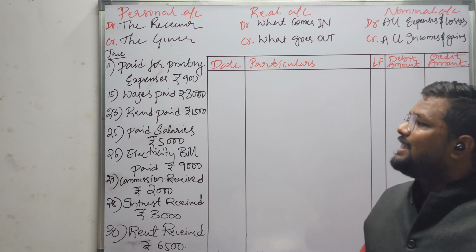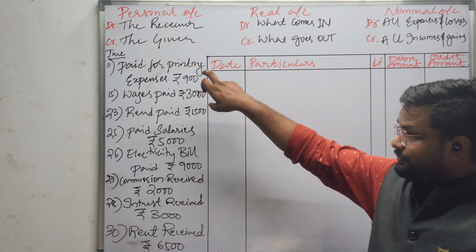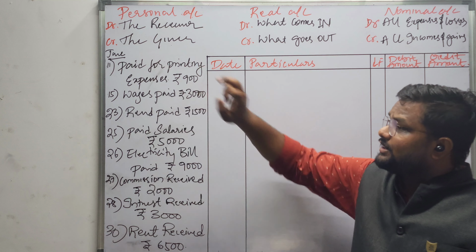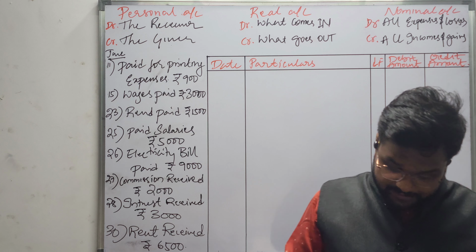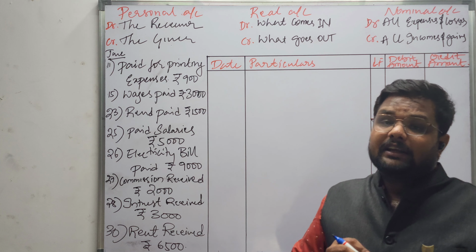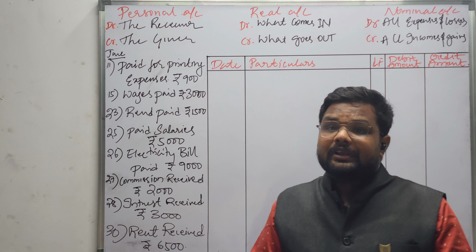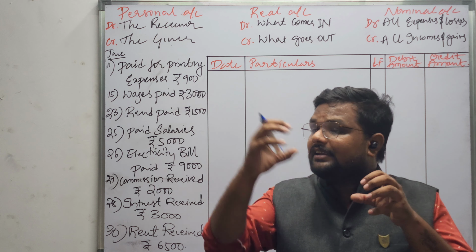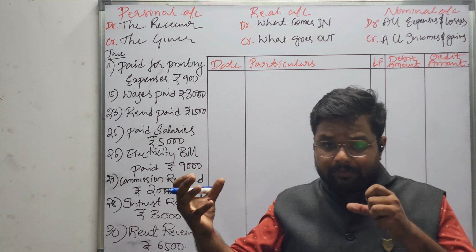The first transaction is telling that you have paid for printing expenses. Now you are paying, it means you are paying cash. Money is going out of the business. Your cash is going out of the business.